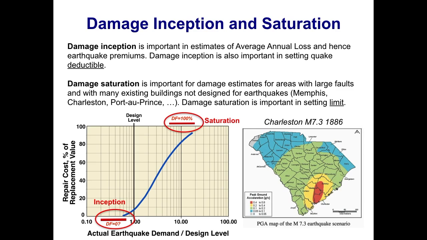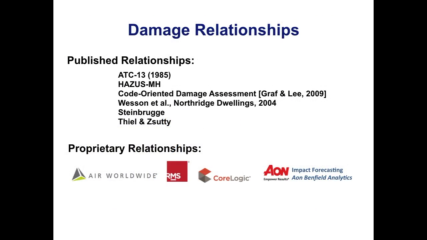So we have these various published relationships, ATC-13, code-oriented damage assessment, the Steinbrugge and Thiel-Zsutty relationships, other types of relationships. These are typically used in our PML studies as relating to E2026. But then there are the proprietary relationships that are used in the insurance-related catastrophe models by AIR, by RMS, by CoreLogic, by Impact Forecasting.